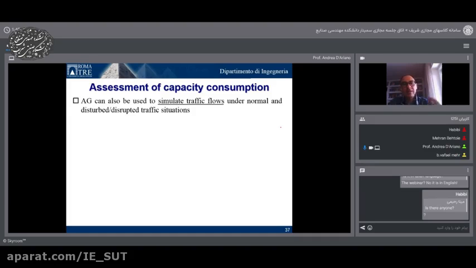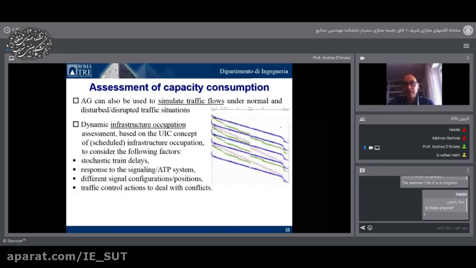So we were using the alternative graph as a simulator. Of course, it is a simulator that is also intelligent, because it also uses optimization inside. And we were dealing with the simulation of normal traffic flows or disrupted or slightly disturbed traffic flows, and all of this to assess the capacity consumption.